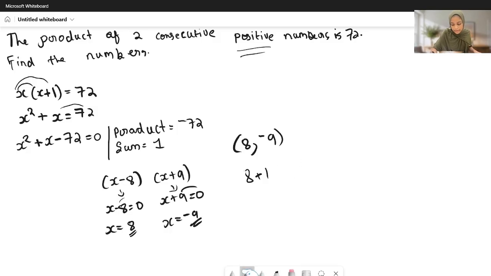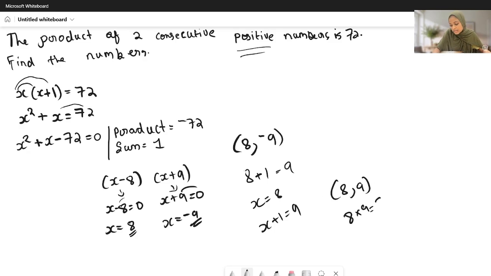Okay. So 8 plus 1 is 9. So the first number, x, is equal to 8 and x plus 1 is equal to 9. So we got the two numbers as 8 and 9. Here 8 into 9 is 72.